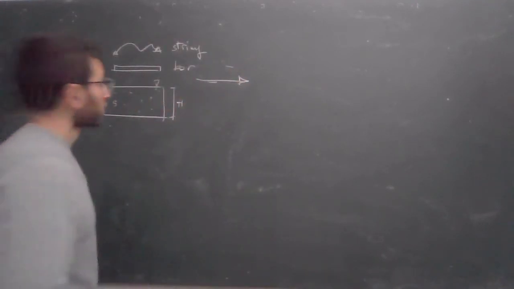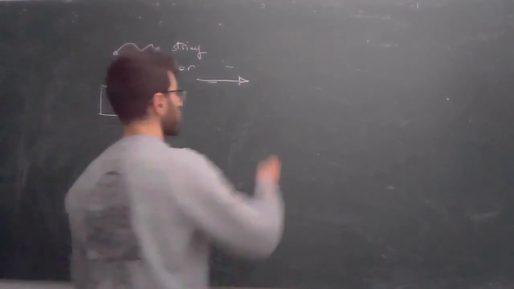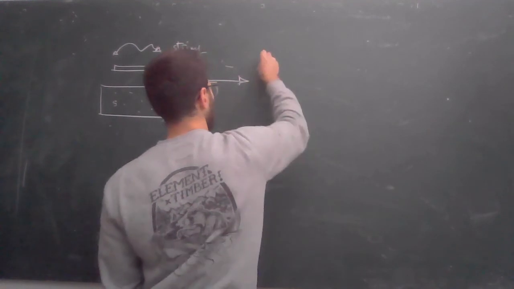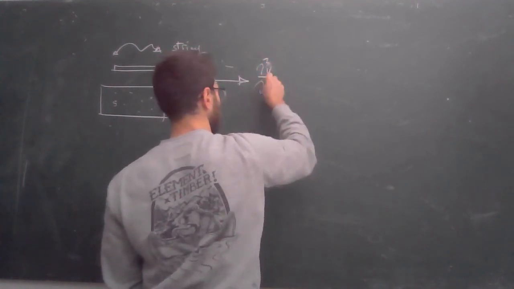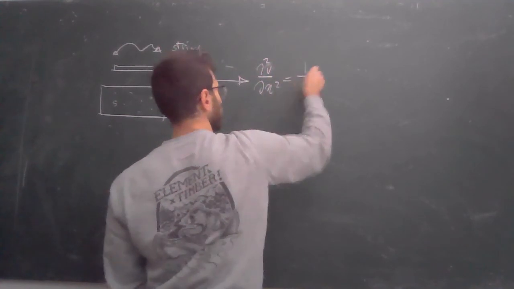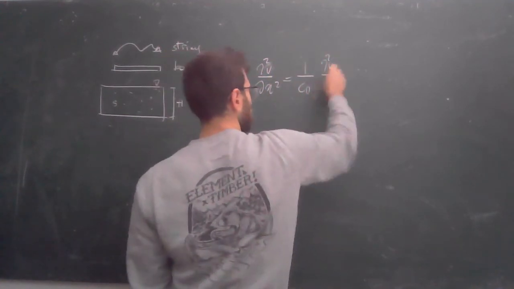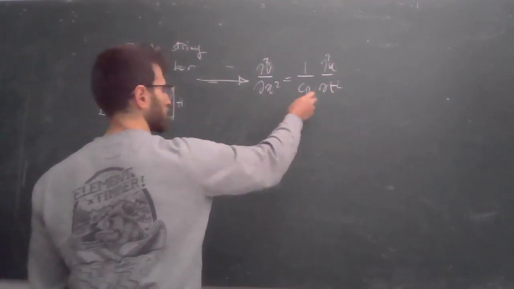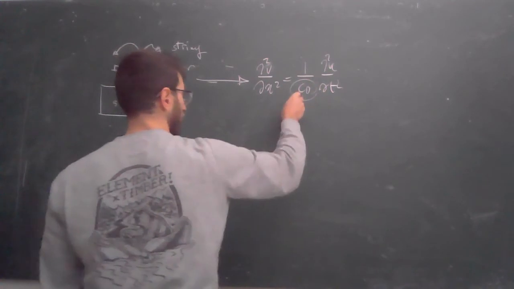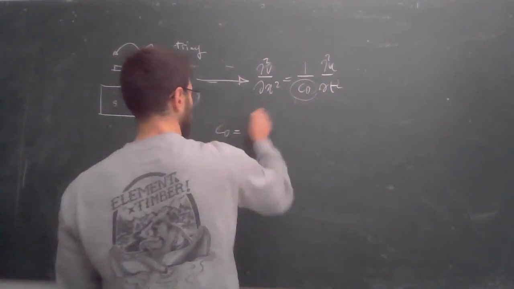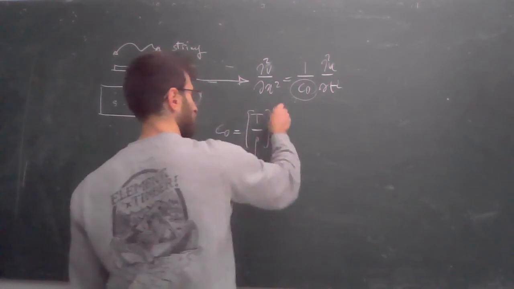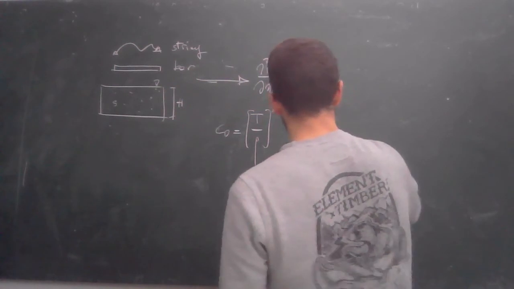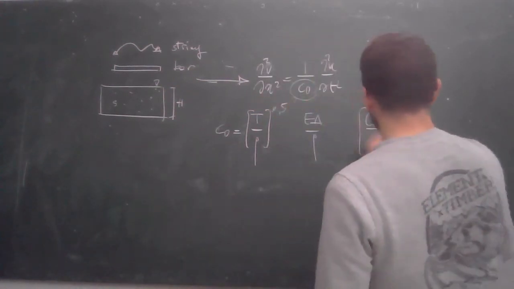The wave equation is the same and can be written as d squared u over dx squared is equal to 1 over C0 squared d squared u over dt squared. The only thing that changes is the value of the phase velocity, which is T over rho in one case, or EA over rho, or G over rho.